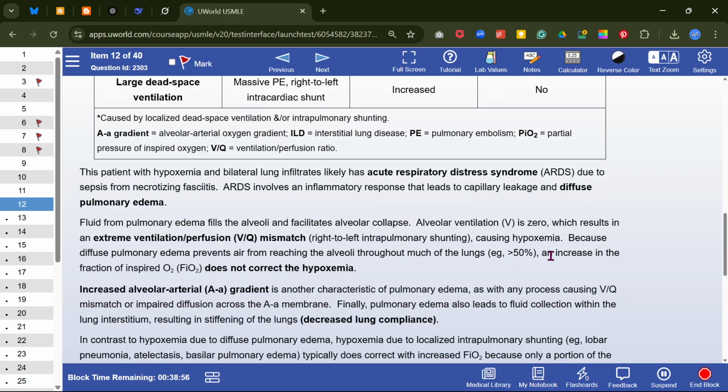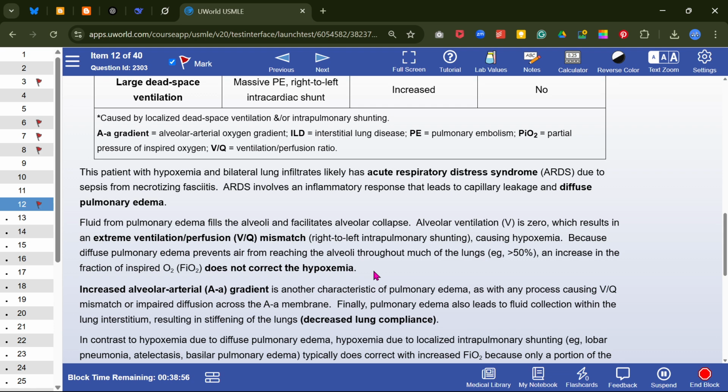No, diffuse pulmonary edema does not correct function. Okay, this is tough. Just after surgery, there is bilateral pulmonary edema, like ARDS.